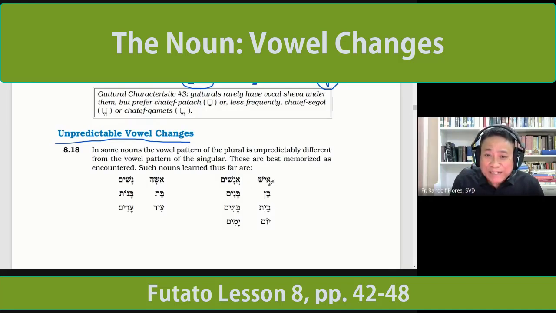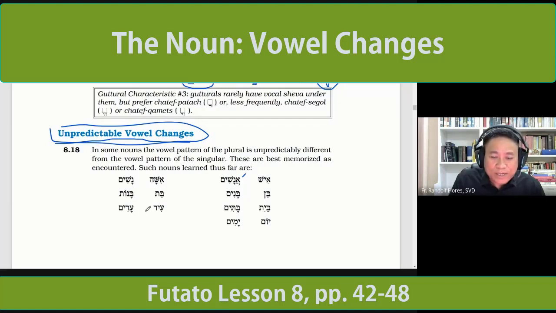For the men, anashim. It's unpredictable. I mean, no explanation at all why it's like that. So ish is man. Plural is anashim. There is aleph. Okay. Isha is woman. Plural is nashim without the aleph.